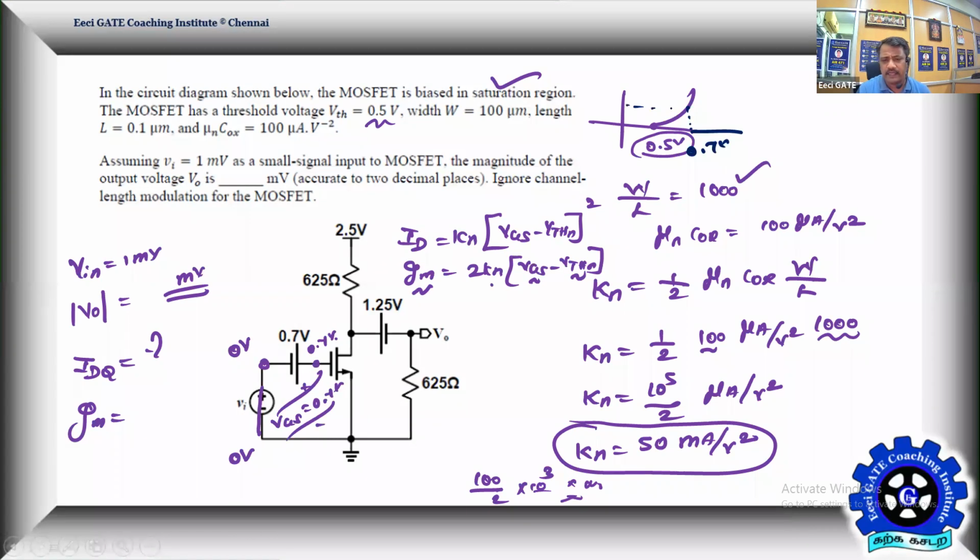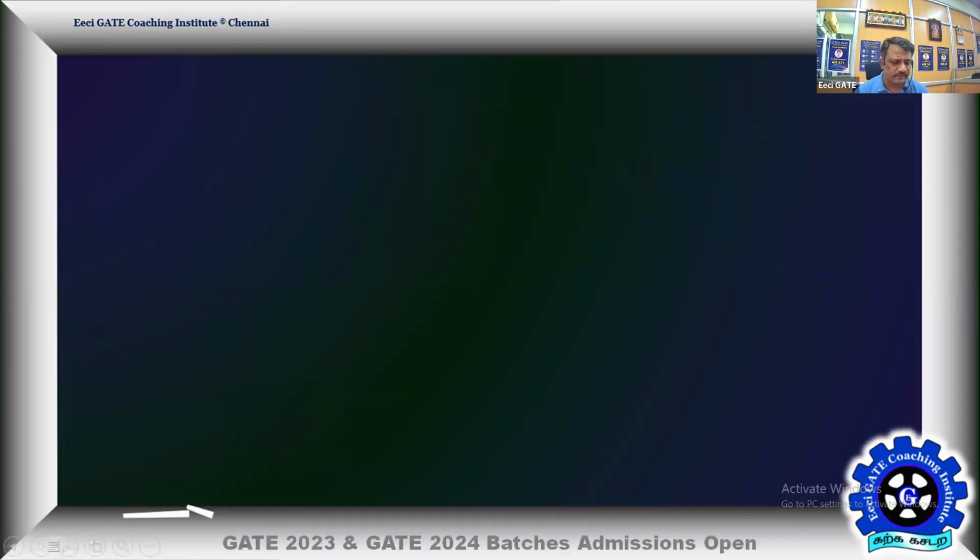So then, here we need to find out the small signal equivalent, the transconductance. So what is gm then? So therefore, gm is equal to, let me find gm. The transconductance of the NMOS is equal to 2 times Kn into (VGS minus V threshold of the NMOS) given.